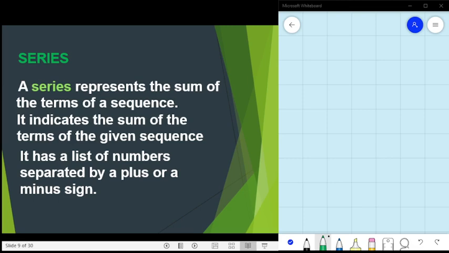And then, for a series, the numbers are separated by a plus or minus sign because we are going to find the sum of the sequence when we say series.